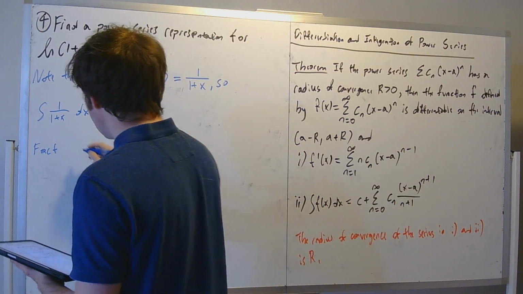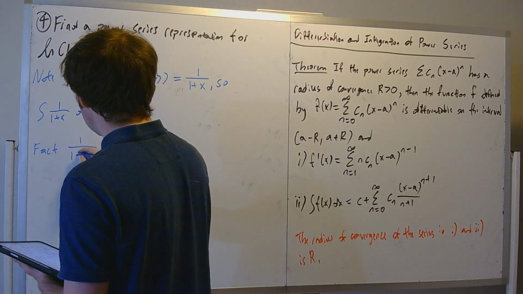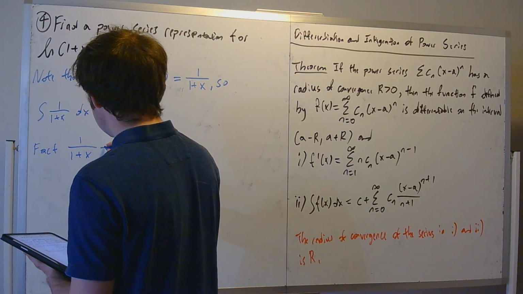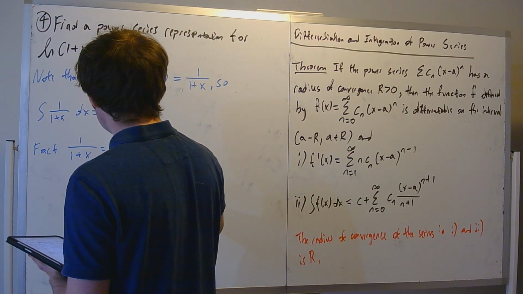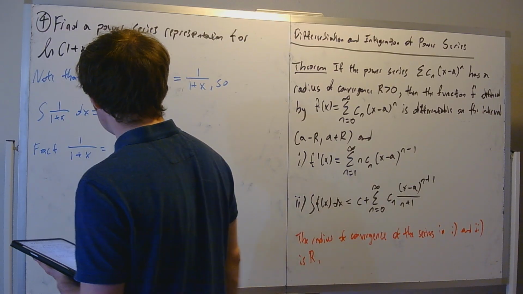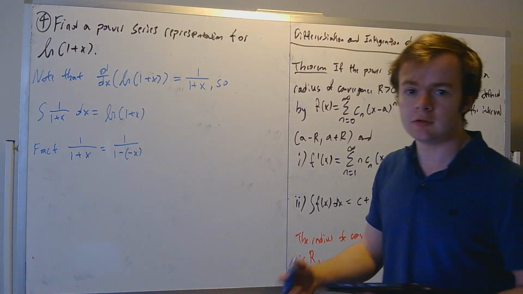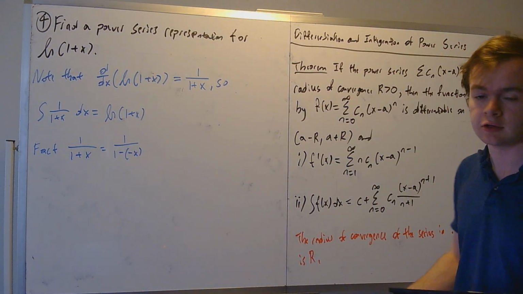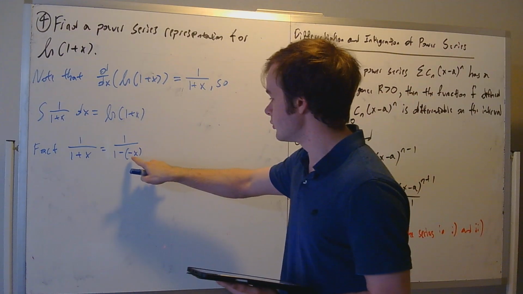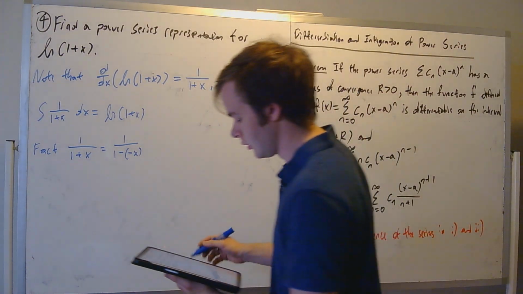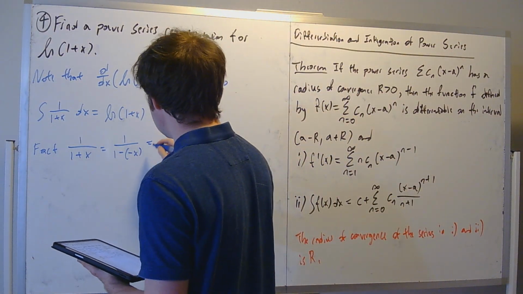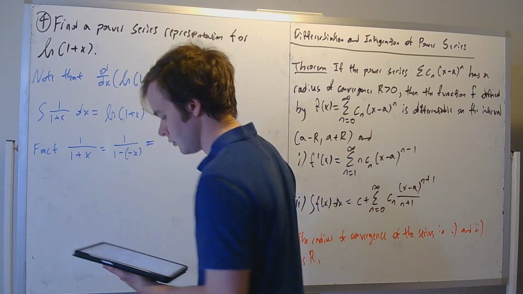So 1 over 1 plus x, we can rewrite as 1 over 1 minus negative x. And now we use that equation that we wrote down in the beginning, and we just substitute in negative x into the equation I wrote in orange.